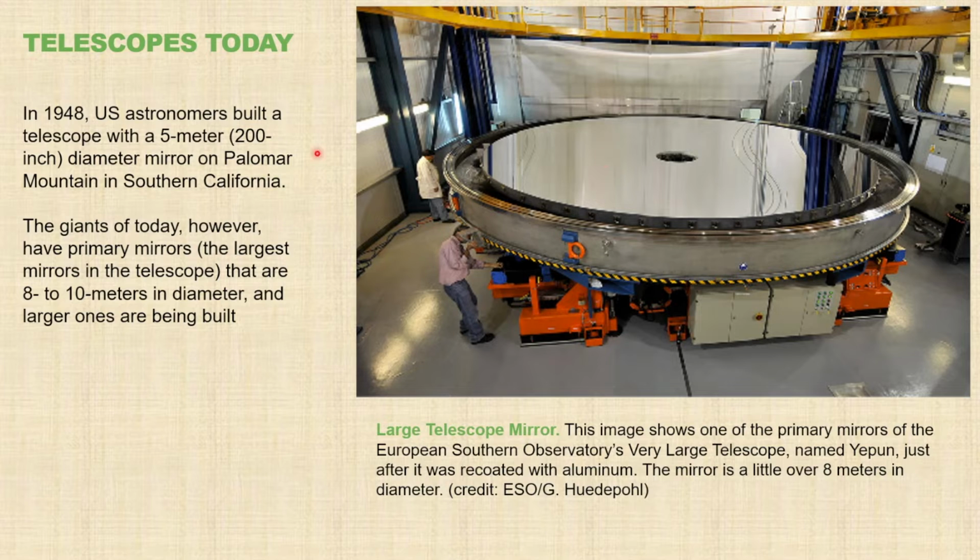This is not the Palomar one. This one is different. This is the VLT, the Very Large Telescope, built by ESO, the European Southern Observatory. This is situated in the Chilean mountains, and this one has a diameter of 8 meters.